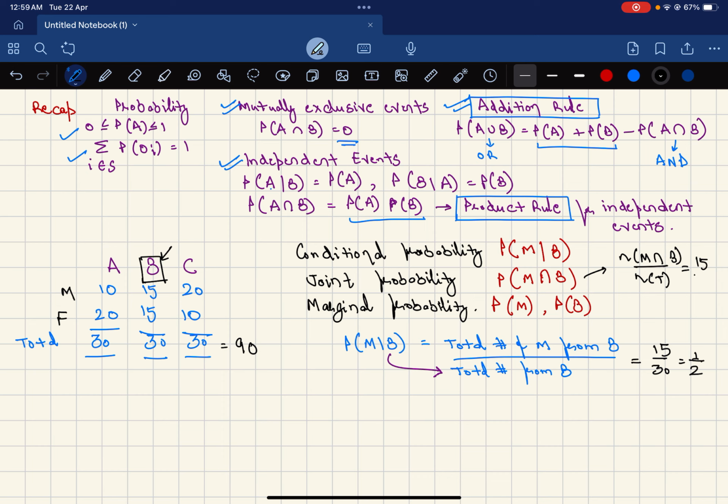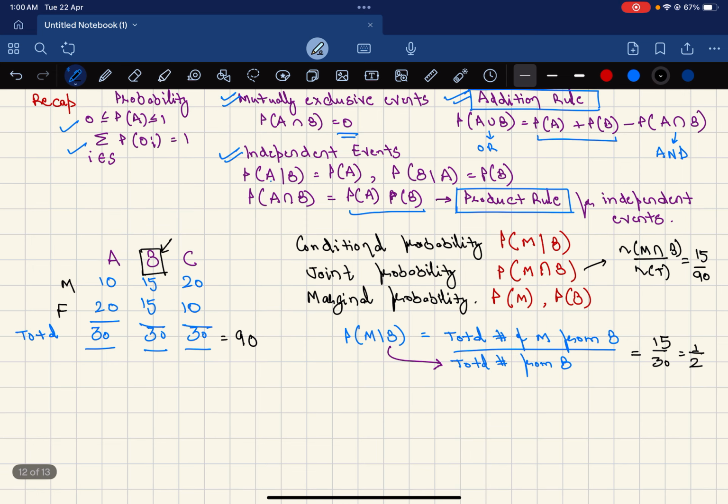So this was computed as 15 by 90 here. So the only difference between the conditional and the joint probability here is that in joint probability, we'll have to take the total sample size across all the classes here, since we are not given the condition that the student is getting selected from only class B here.